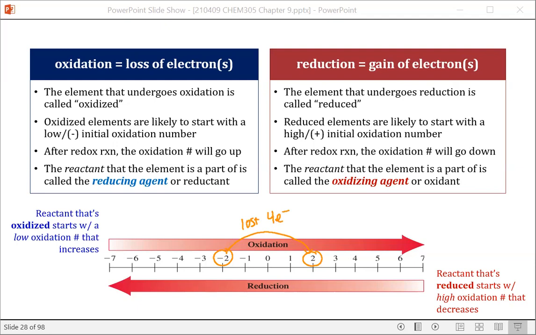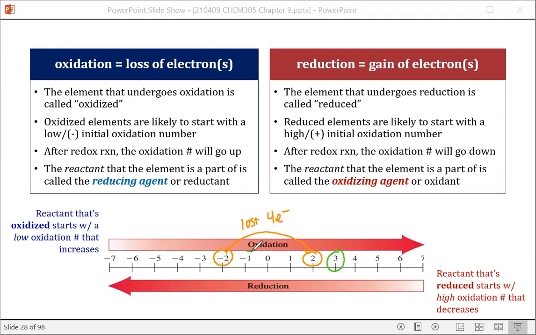And for reduction, you're likely to start with an element that has a high oxidation number, and then it's going to be gaining electrons. So its oxidation number is going to go down because it's going to be gaining negative charge. So let's say you start with something with an oxidation number of 3, and it gains 4 electrons. These 4 electrons that were lost are gained by the element that's reduced.